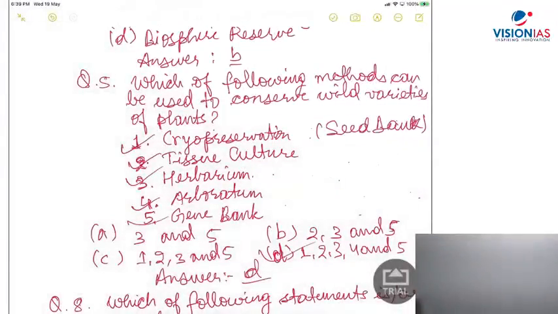Gene bank can be both animals and plants. That's the question I gave here. Somebody in the chat was saying that answer. The answer is all of this: cryopreservation, seed bank, tissue culture, herbarium, arboretum, and also gene bank. Gene bank is for trees and plants also.